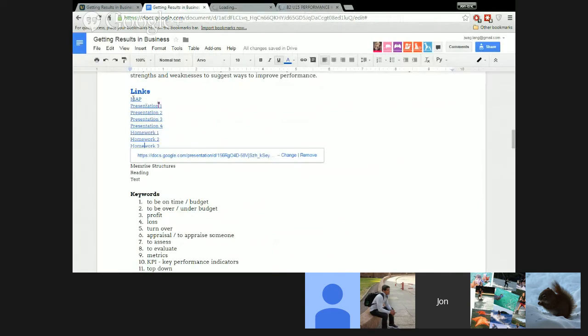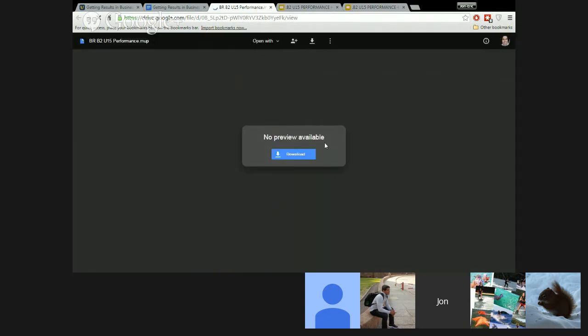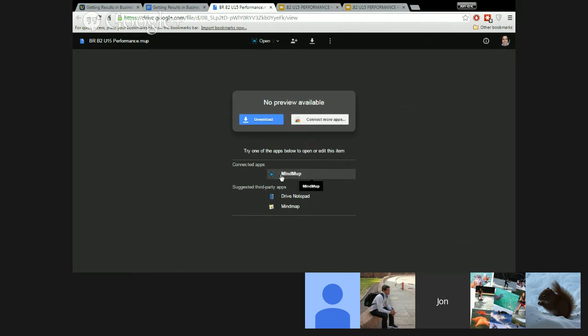Let me just show you one thing before we get started, which is our map. I want to quickly show you how I've summarized the rules from the third homework. And I'll show you also how to use the map during the speaking activity we're going to do in about three minutes from now. When you open the map, you'll see a connected app, Mind Map.